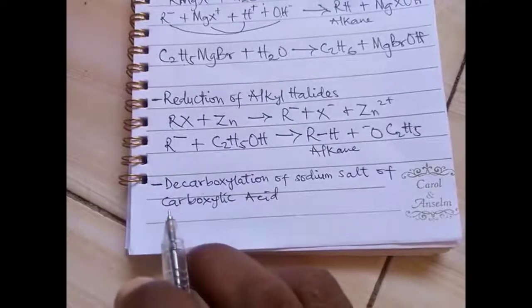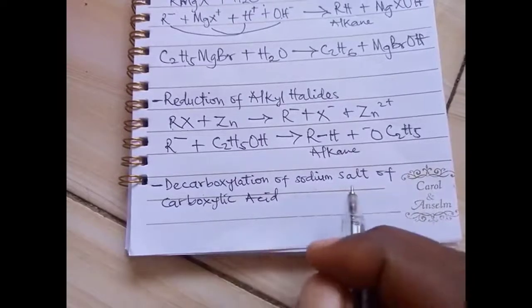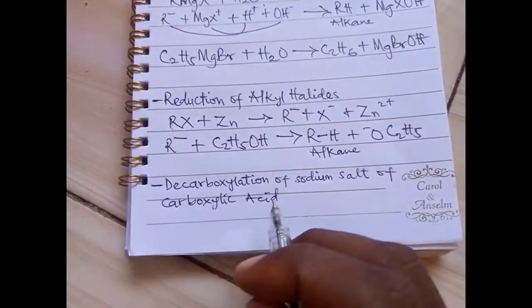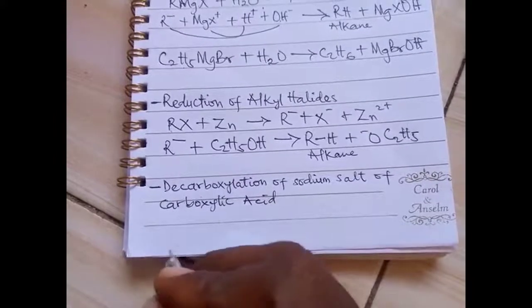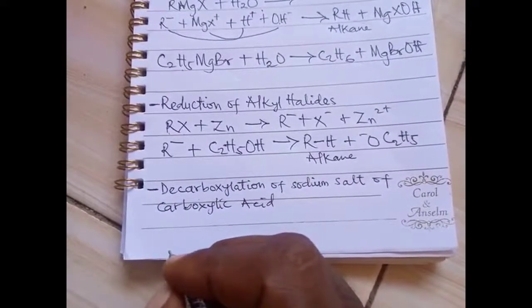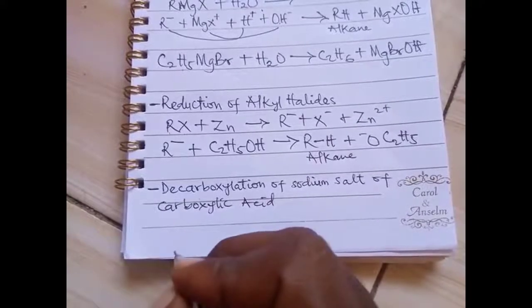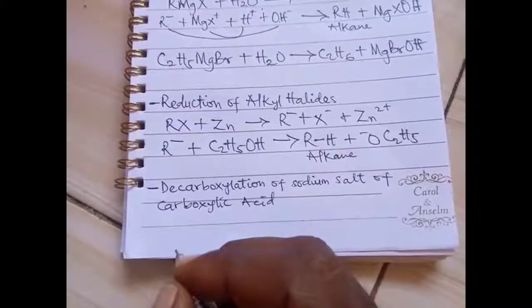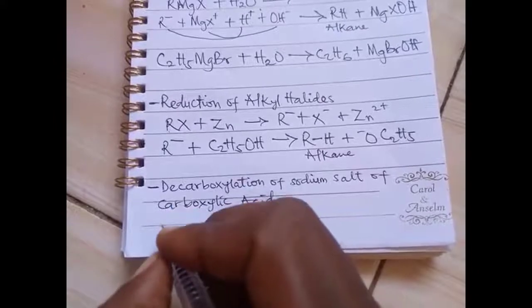The next one is decarboxylation of sodium salt of carboxylic acid. Now, when we heat the sodium salt of carboxylic acid with sodium hydroxide in the presence of calcium oxide, we'll get an alkane.